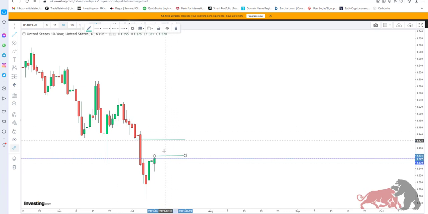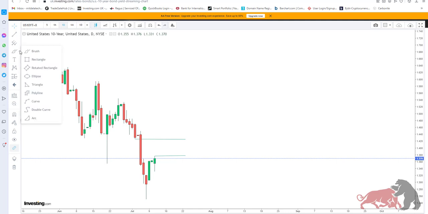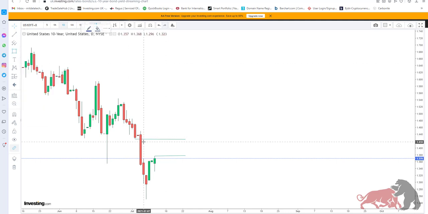That's today's high, and in between, that is our fair value gap. We've got the liquidity void.